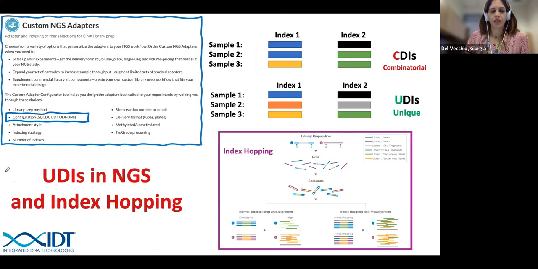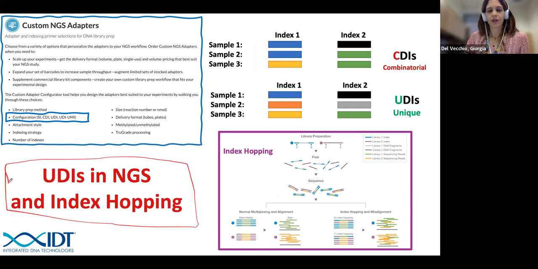So as last, let's talk about the unique dual indices. We can have the combinatorial strategy here.